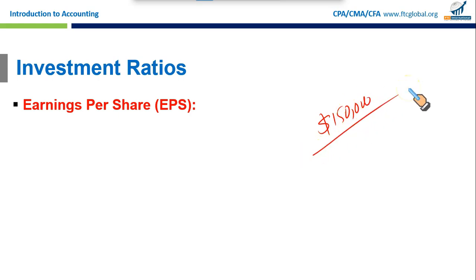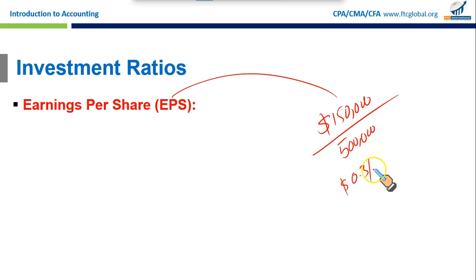This is the company's earnings. If this earning is distributed over the shares outstanding, let's say there are 500,000 shares outstanding, this gives you the earnings on a per share basis. If you calculate this figure, it's $0.3 per share, or 30 cents per share, right?